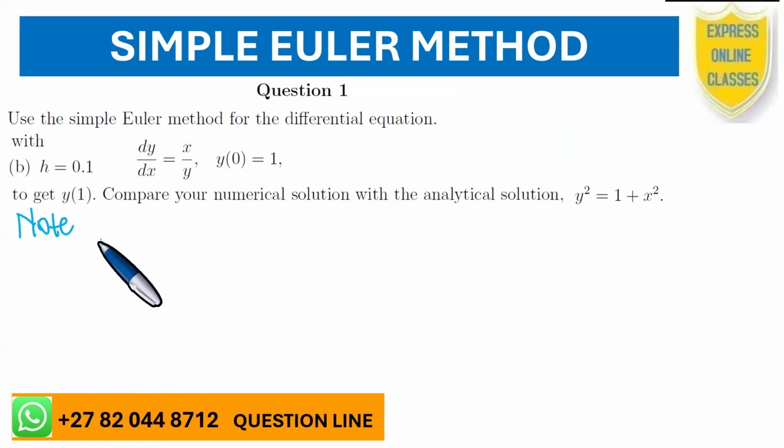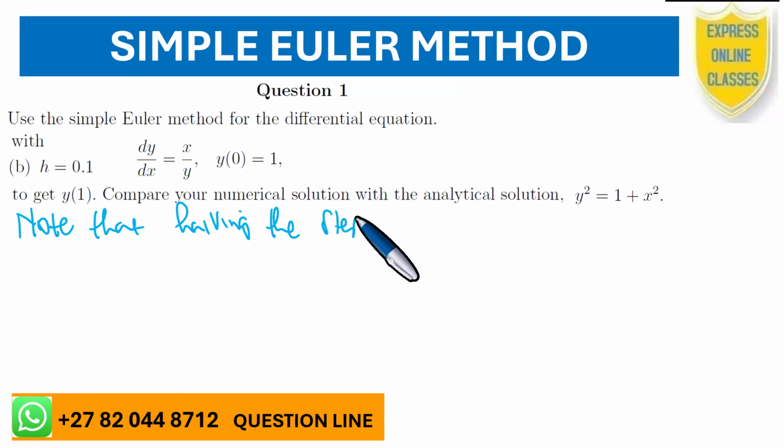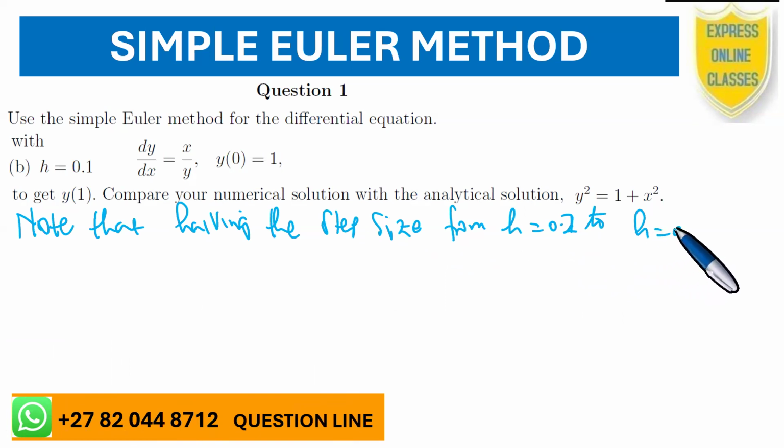We write a note that in general here, based on this question, the first two answers we've got, note that halving the step size from h equals 0.2 to h equals 0.1 has halved the error.